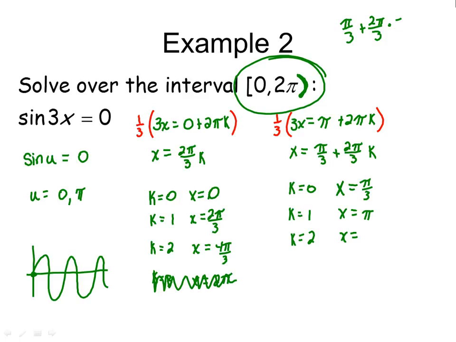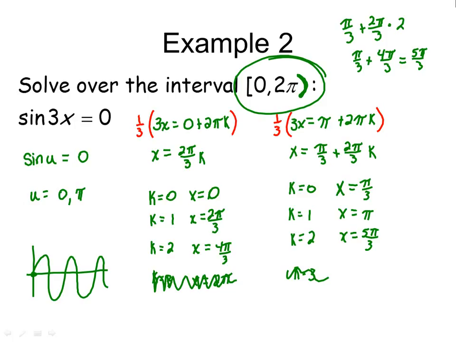Let's try that again. So you have pi over 3 plus 4 pi over 3, which is going to be 5 pi over 3. And can you imagine what's going to happen if k is equal to 3? You're going to go outside your range, or your domain. So it's no good.